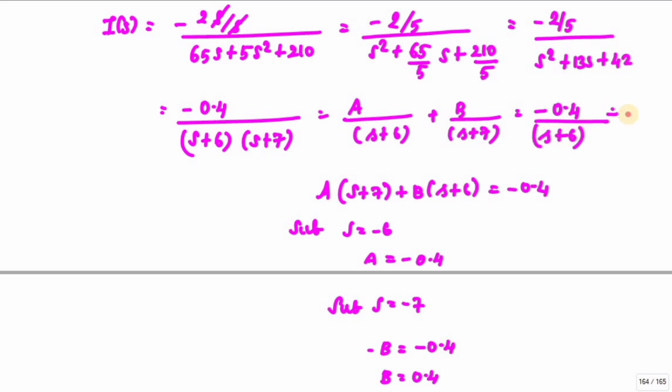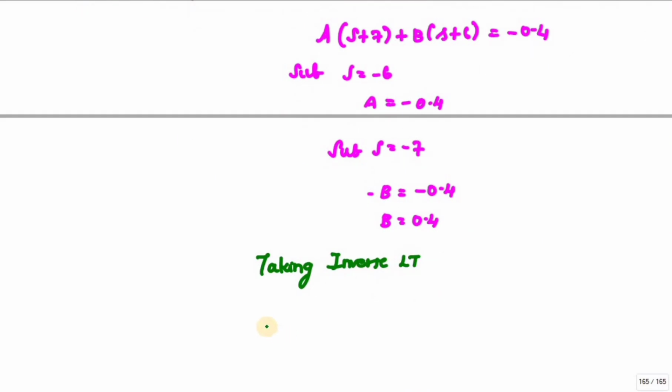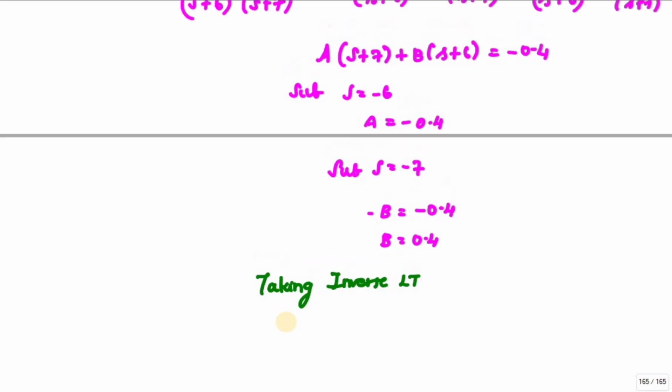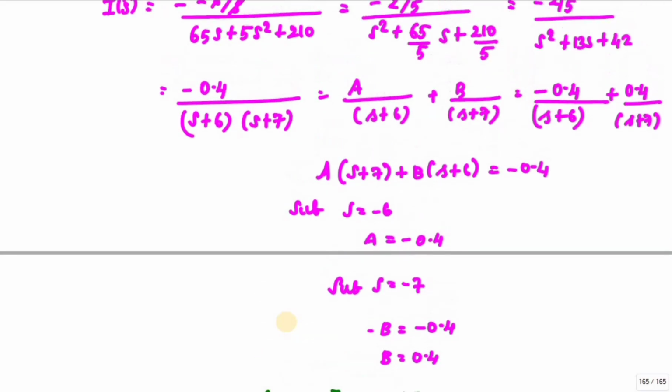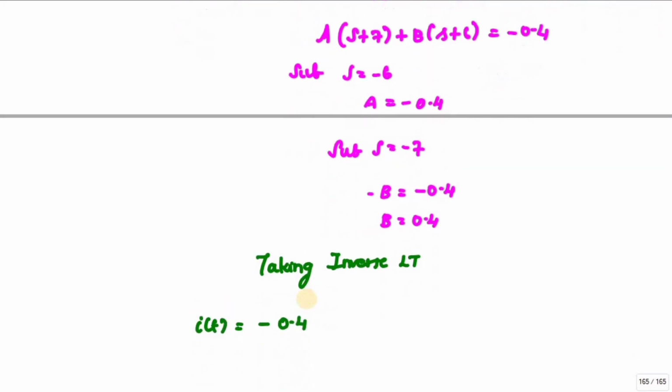So I will get the equation like this. For that one, I'm going to take the inverse Laplace transform. So I will get i(t) is equal to minus 0.4 e power minus 6t plus 0.4 into e power minus 7t.